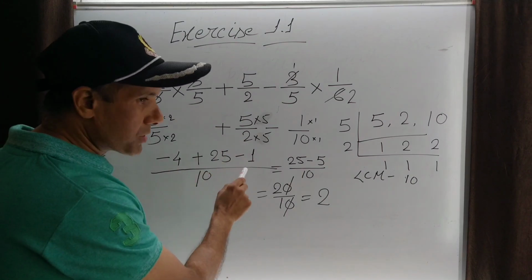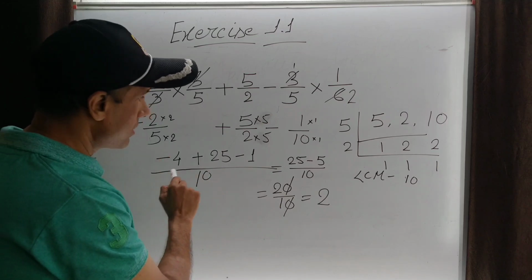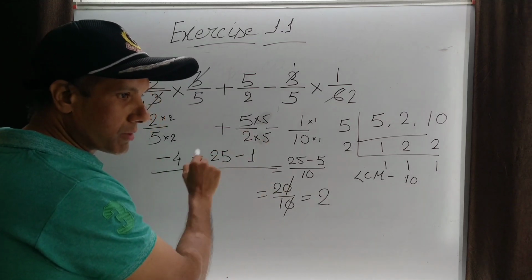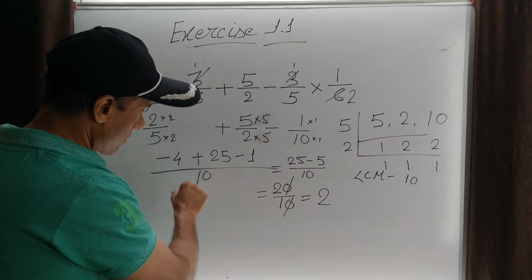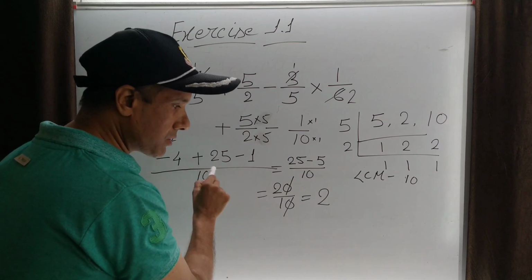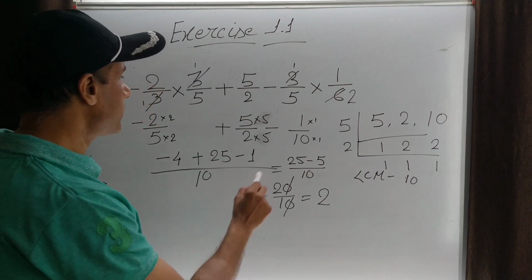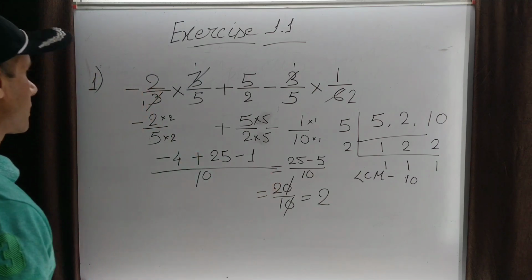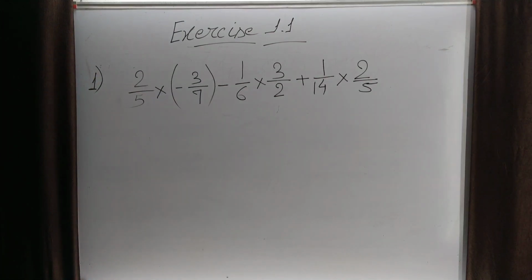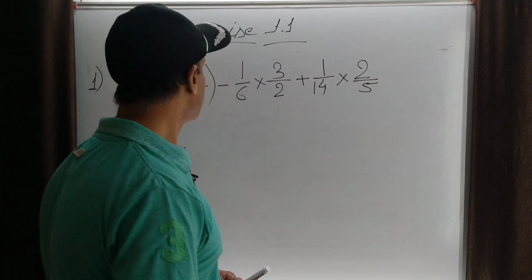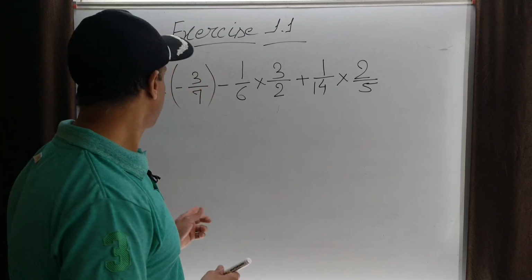For subtraction and addition, you take the LCM, multiply with the appropriate factor to get the common denominator, and you deal with the numerators as per the operation. So let's move on to the second part of the first question.